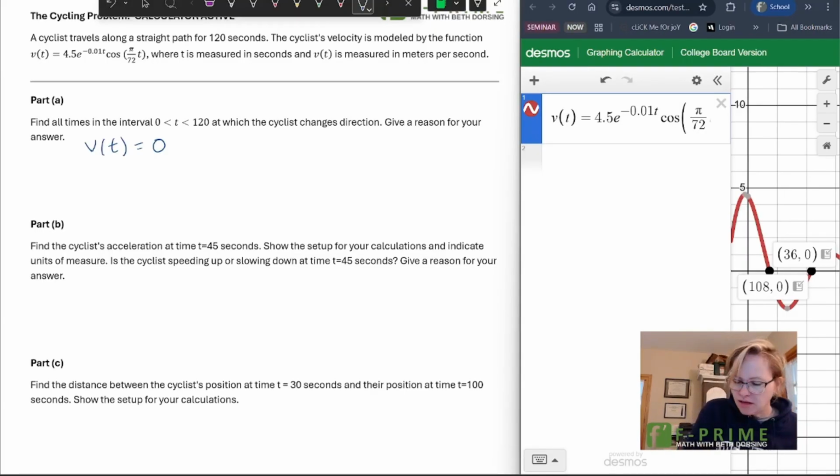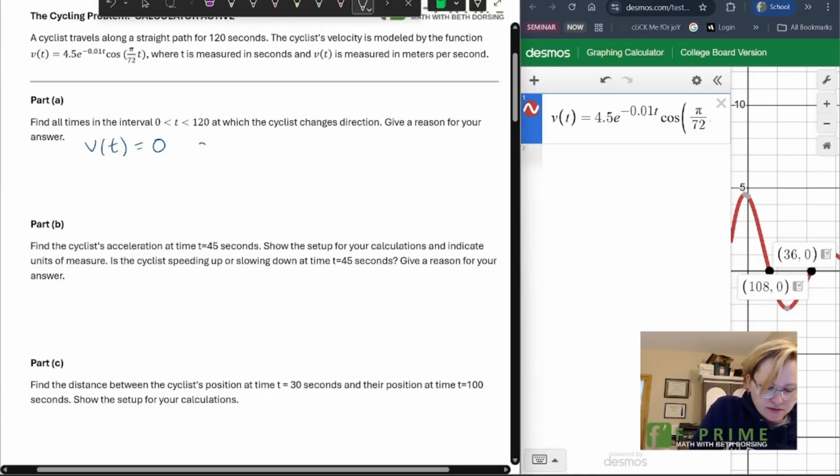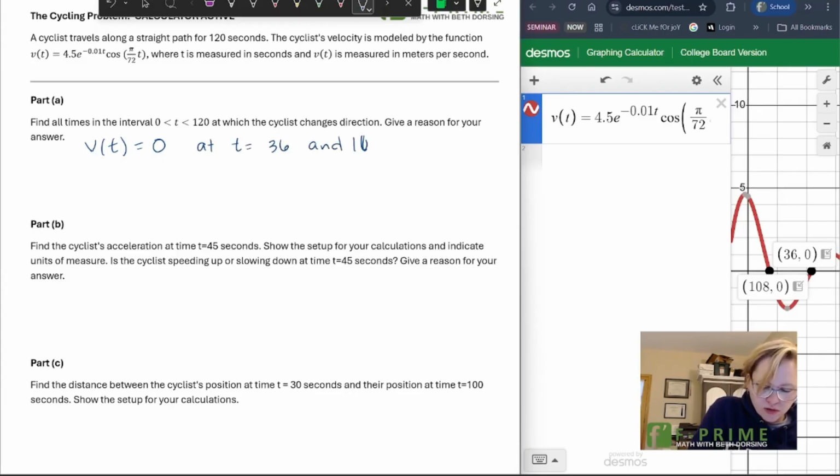All right. I'm going to record that the velocity v of t equals 0 at t equals 36 and 108. I'm also going to mention that the velocity also changes sign.